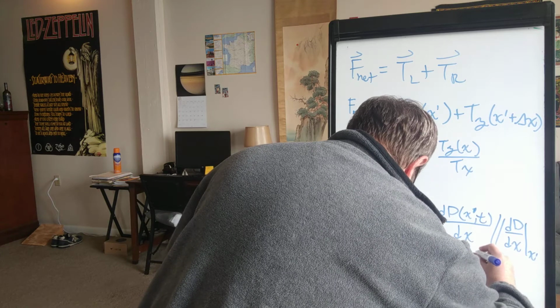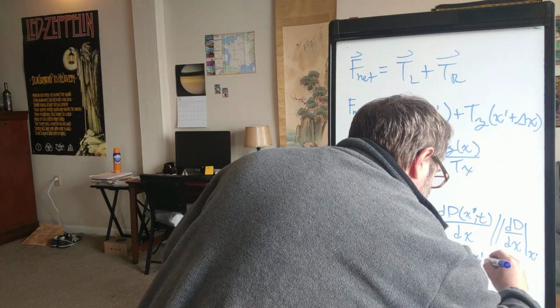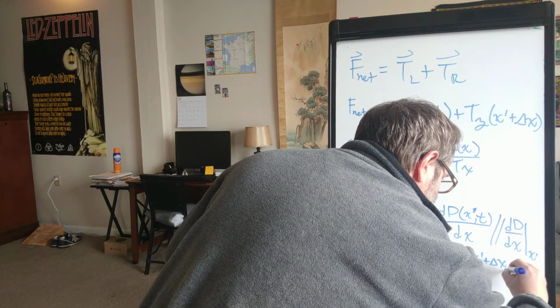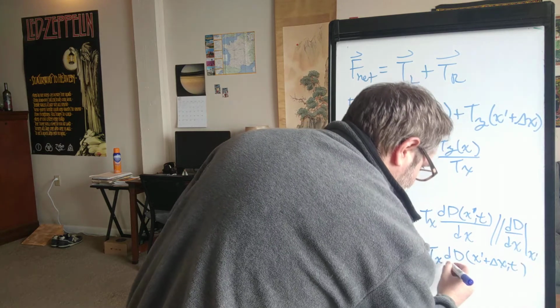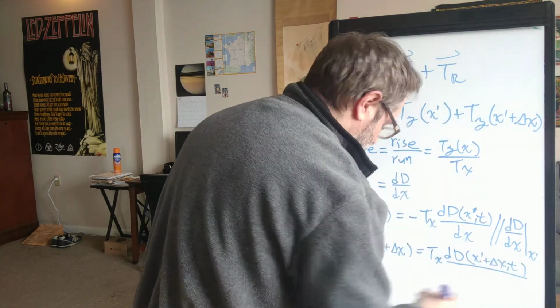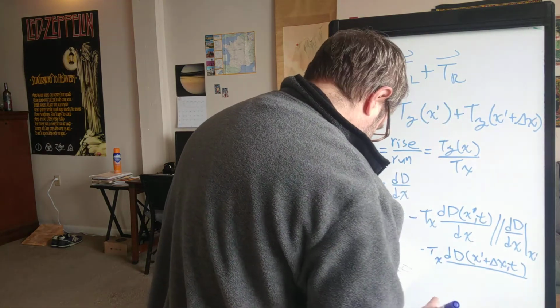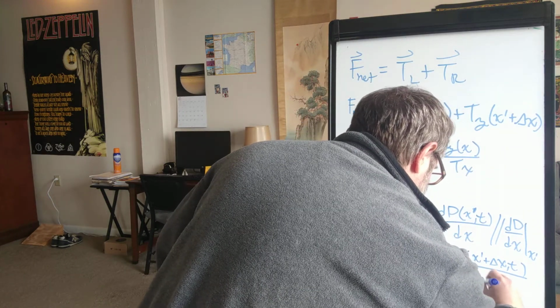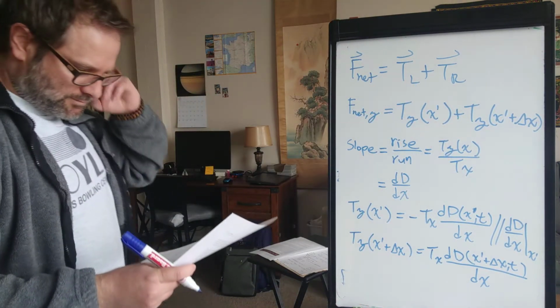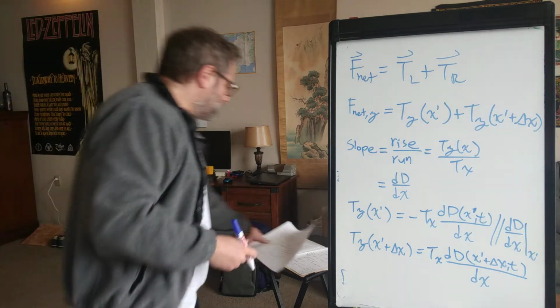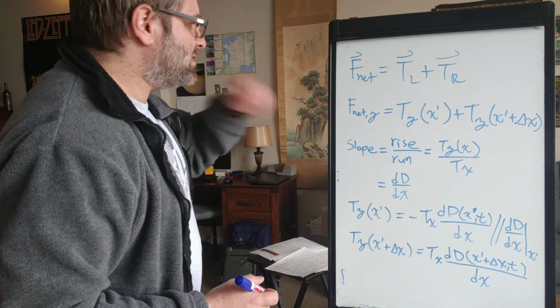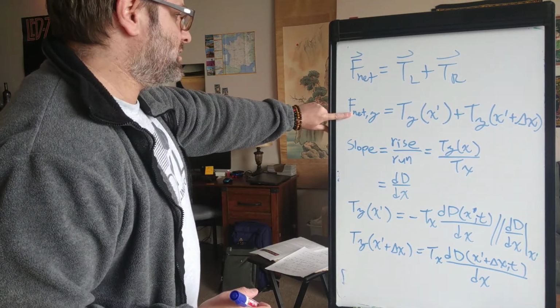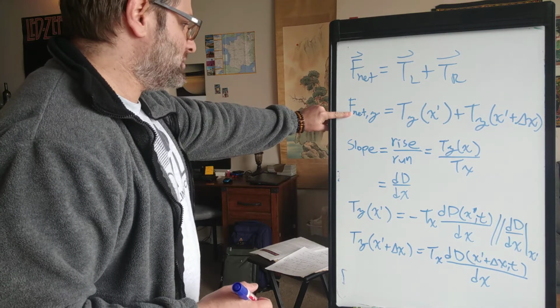dd x prime plus delta x t, evaluated the same way this one is, but now with an x prime plus delta x and by dx. Okay. So now what I want, I'm going to add these two together and get this F net, right?